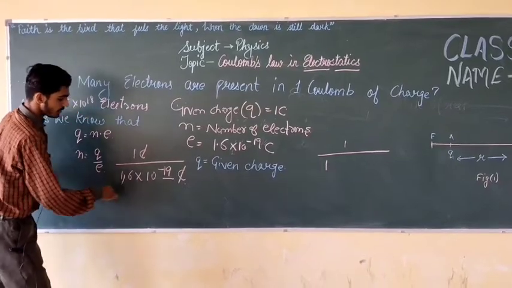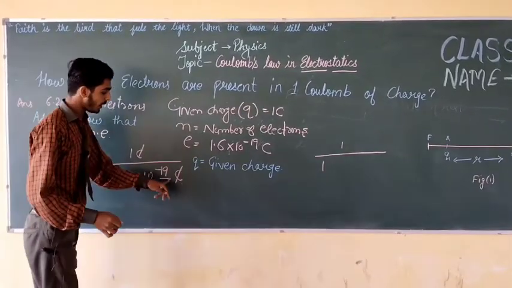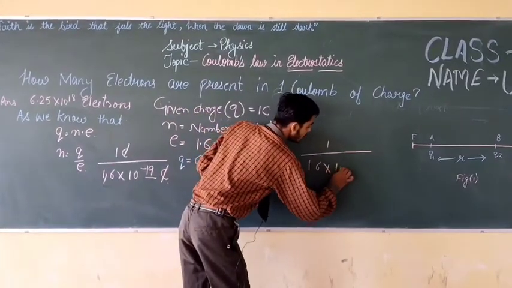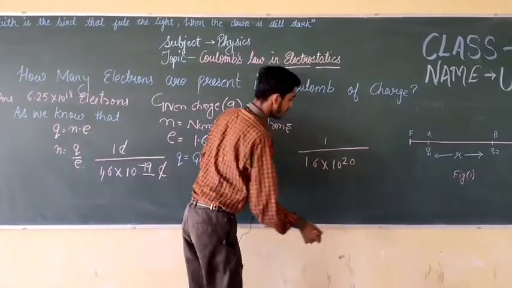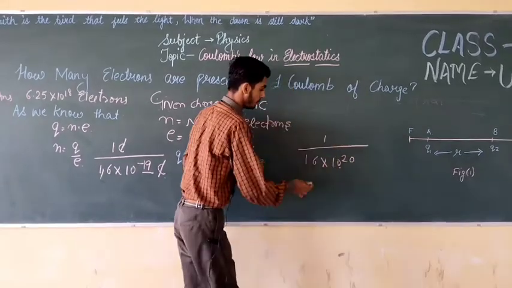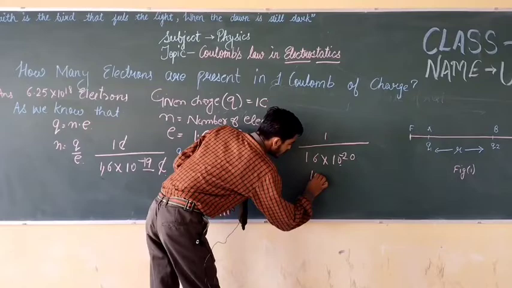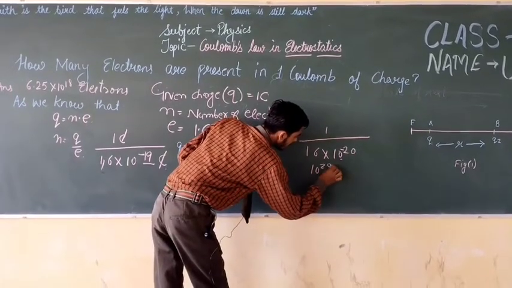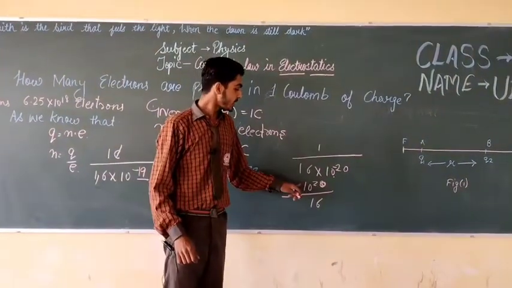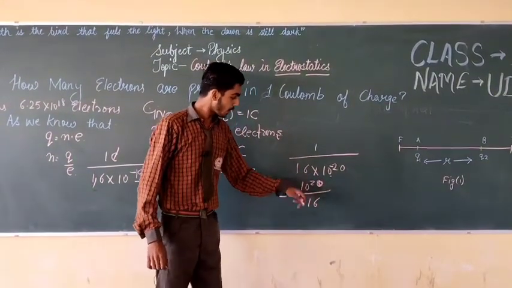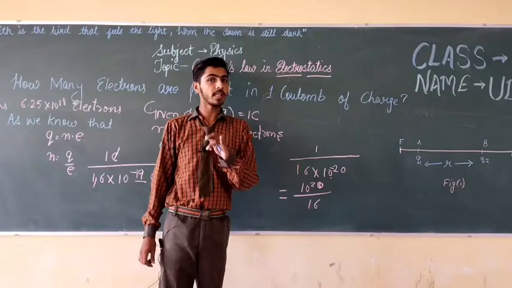If we put the decimal point here, we will increase the power, so 16 into 10 raised to power minus 20. We will take the power up, so it is 10 raised to power 20 divided by 16, positive because in the denominator it was negative.